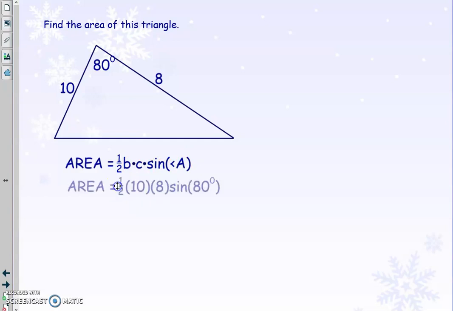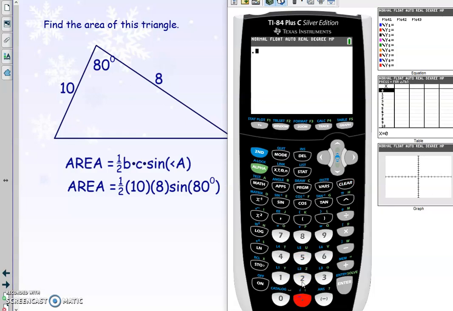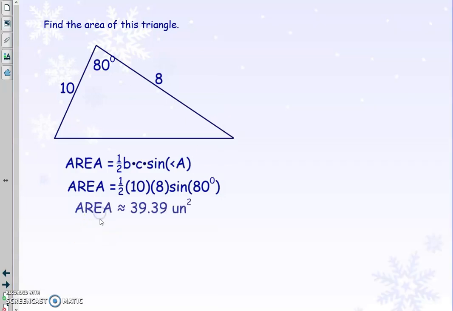So we can just plug right into our formula. 1/2, one side 10, the other side 8, times the sine of 80. We can go into our calculator. 1/2 times 10 times 8 times the sine of 80 degrees. And lo and behold, within mere seconds, we get our area, which is about 39.39 square units.